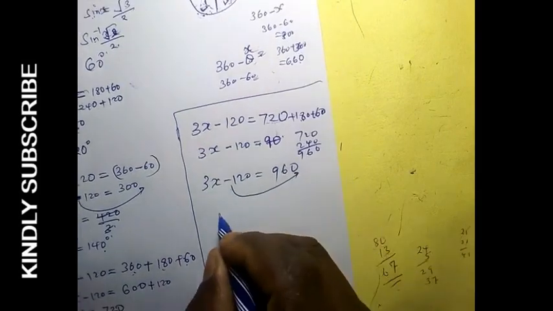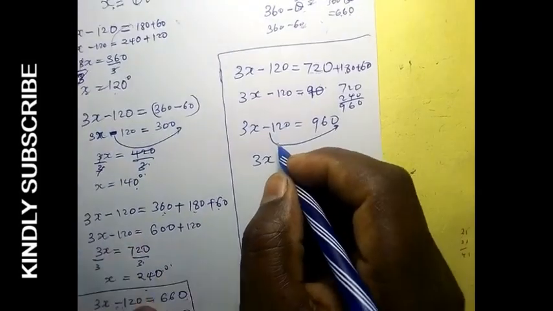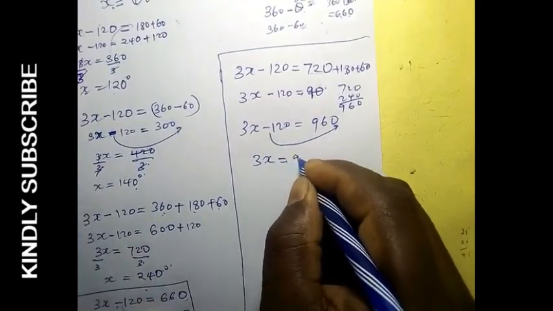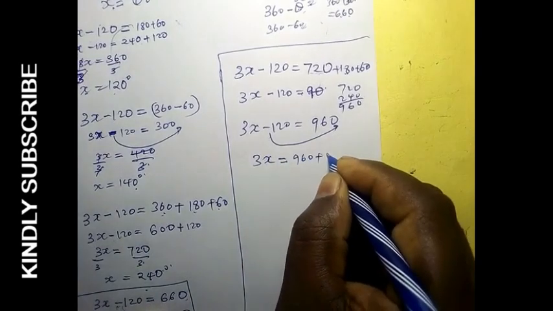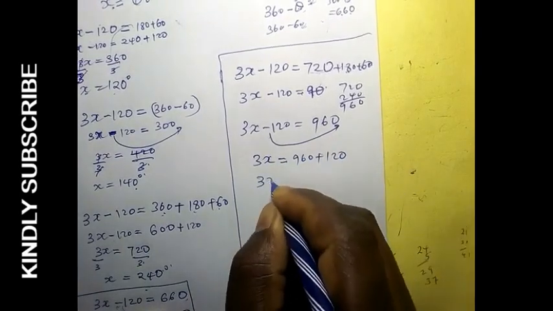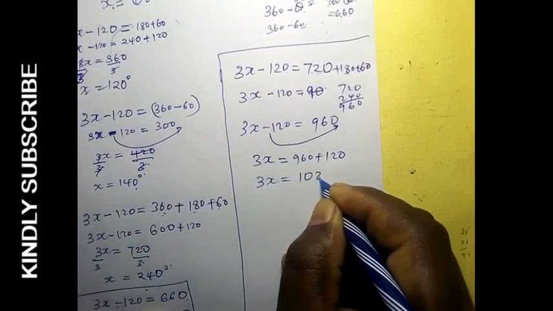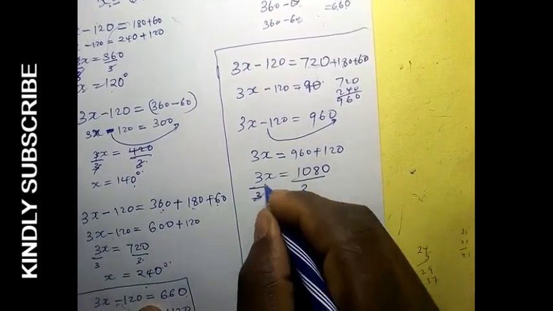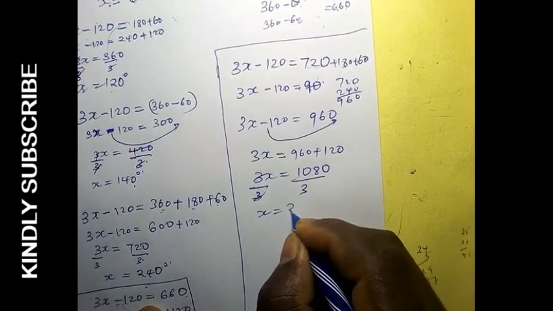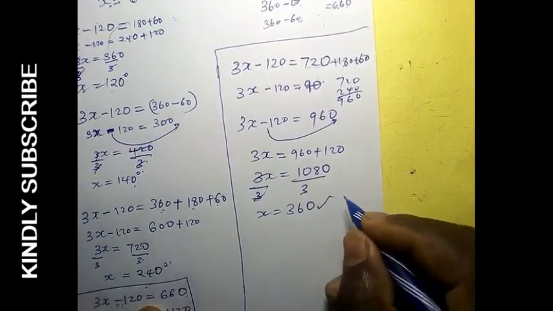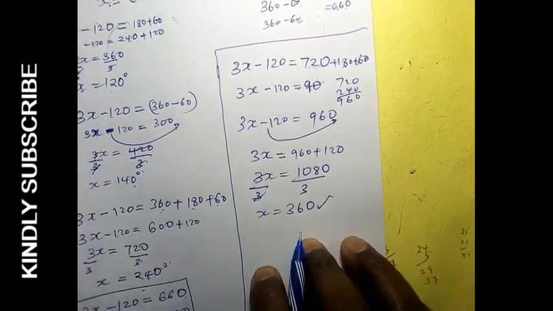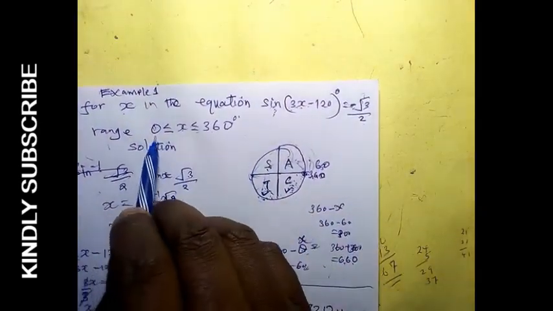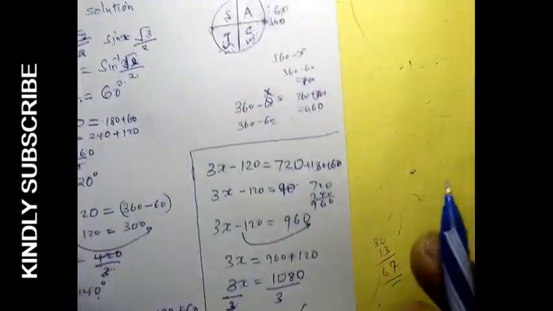Like terms together. 3x equal to 960 plus 120. 3x equal to 1080. Divide by 3, divide by 3. So x here will be 360. So since we have obtained 360 and that our range was 0 to 360, we won't continue. We stop there.